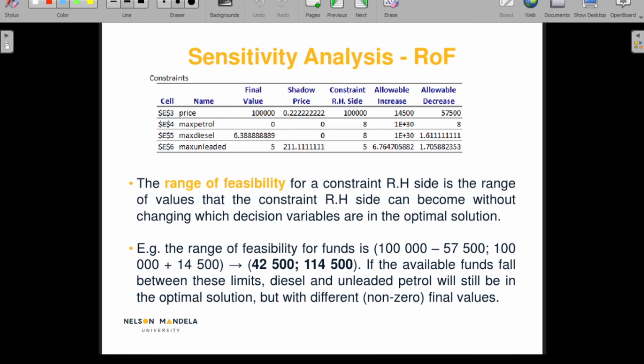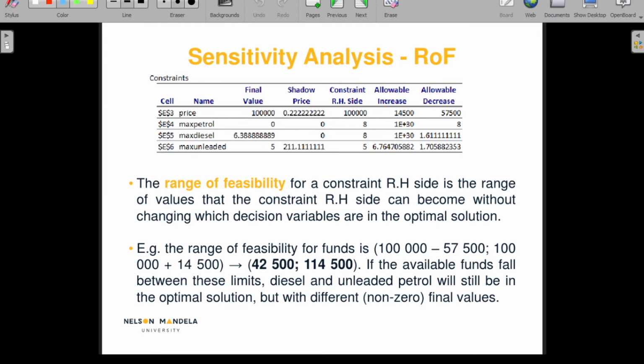Now we call this range the range of feasibility for a constraint right-hand side, and that is interpreted as the range of values that the right-hand side can become without changing which decision variables are in the optimal solution.